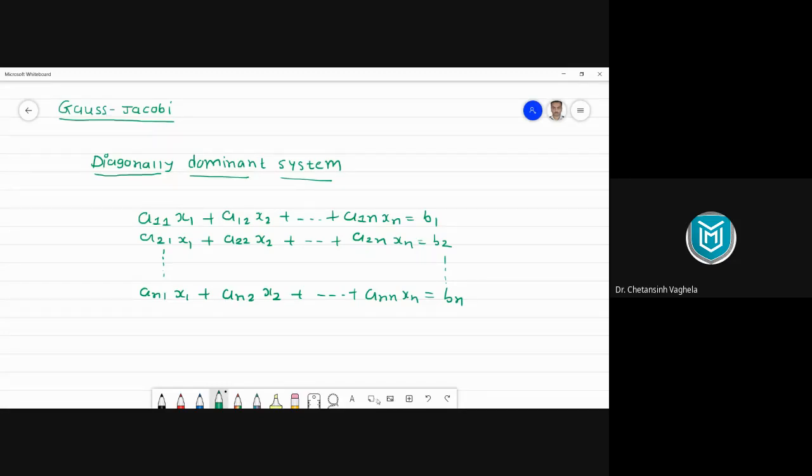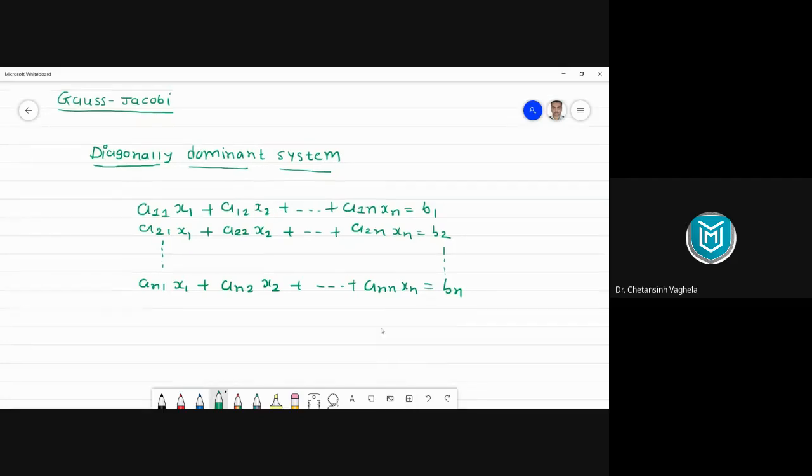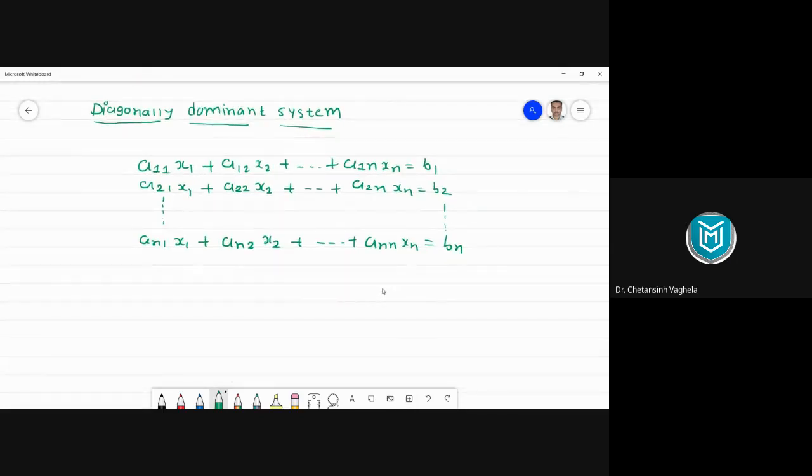Now, what is diagonal dominance? This condition states that the absolute value of your diagonal entry should be greater than or equal to the sum of all the other coefficients except the diagonal.